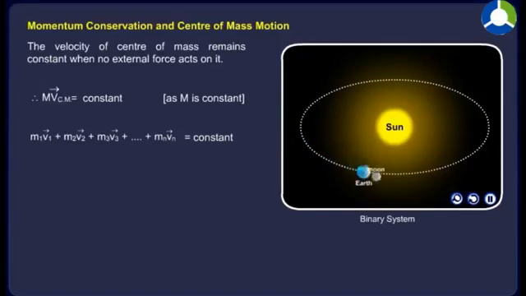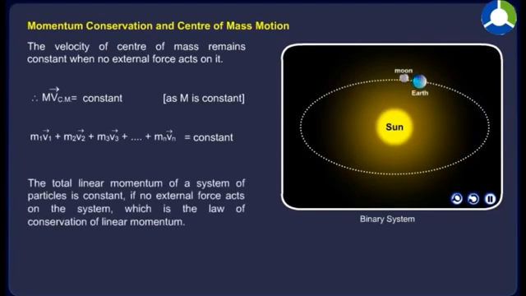Therefore, m V_cm vector is equal to constant, as m is constant. m1 v1 plus m2 v2 plus m3 v3 and so on up to mn vn is equal to constant. The total linear momentum of a system of particles is constant if no external force acts on the system, which is the law of conservation of linear momentum.